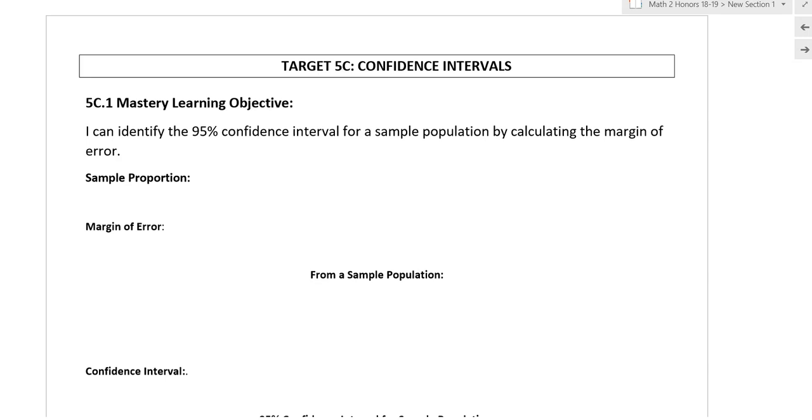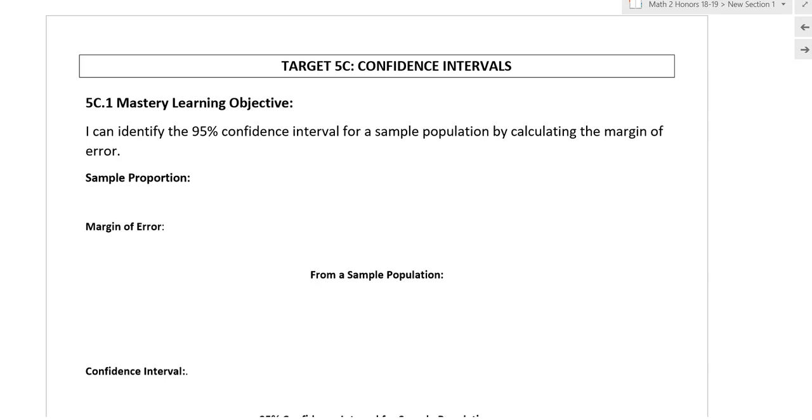So the first thing we have is the sample proportion. As we do the problem, this is really easy. So we get a proportion when we ask like a yes or no question, but when we have so many people answer, right? If I said how many people have dogs as a pet, and 400 out of 500 people responded they have a dog, 4/5 would be our sample proportion.